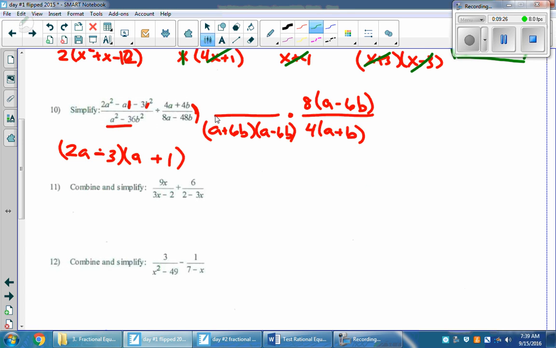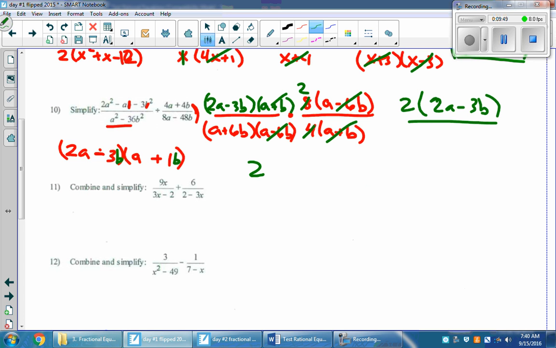And then at the last minute you can plug the b's in there. So I got 2a minus 3b and a plus b. So now we start canceling. Gone, gone, gone, gone. 4 goes into that 8 twice. Nothing else, so it's 2a minus 3b over a plus 6b.